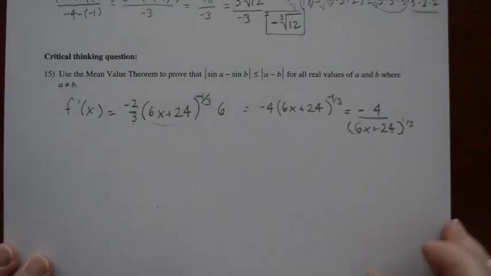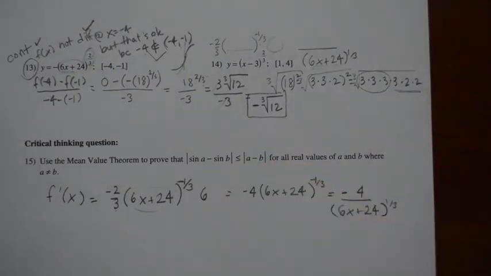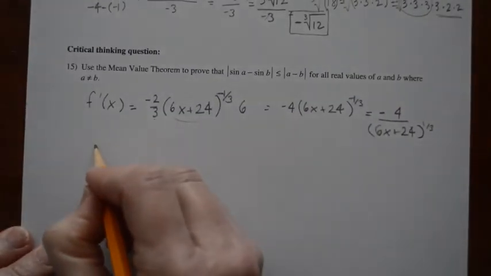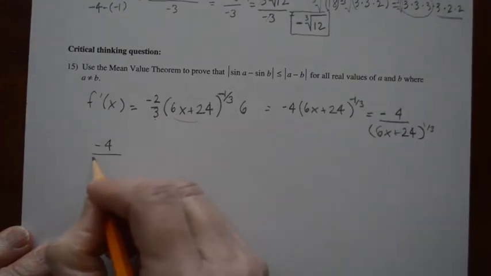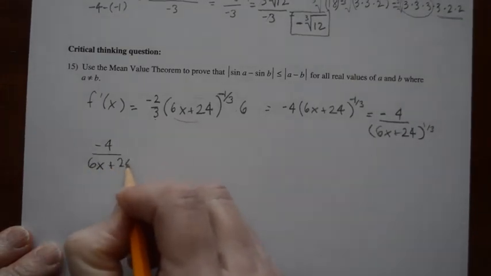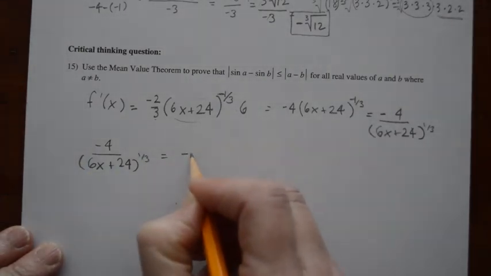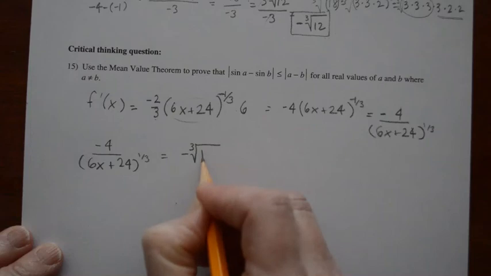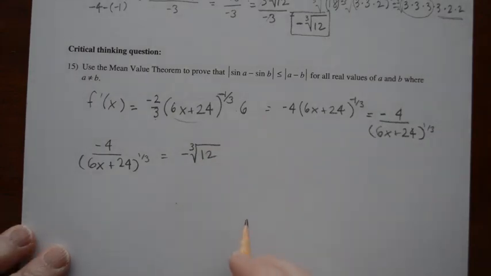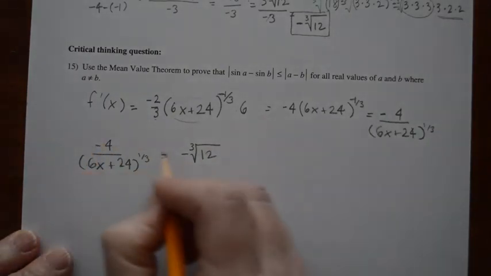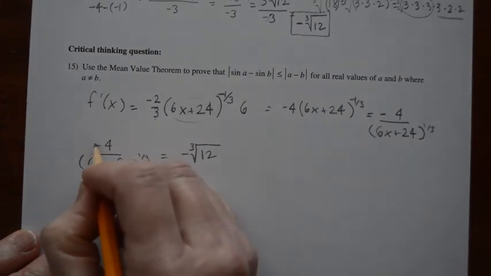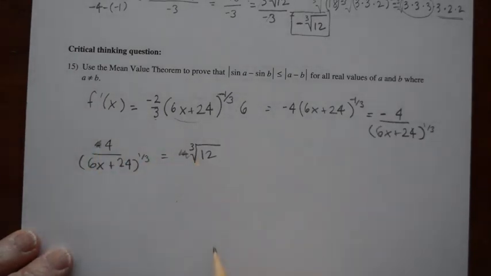And I want that to equal the negative cube root of 12. So I'm going to have negative 4 over 6x plus 24 to the 1/3 equals negative cube root of 12. I'm just going to cancel out these negatives. In other words, multiply both sides by negative 1. So this will go away and this will go away.